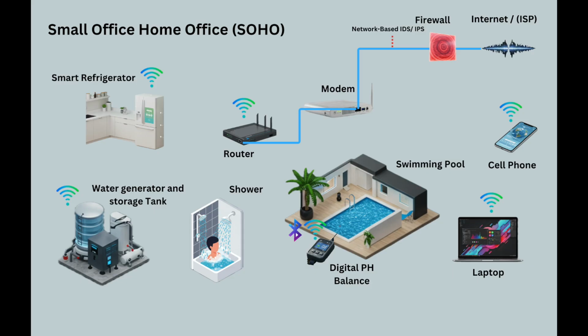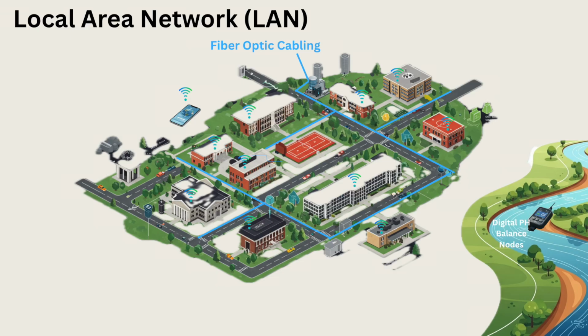Next in scale would be the local area network, and this is just a group of computers connected by cabling to one or more network switches. I haven't talked about switches just yet, but I believe I get into that in the next slide. But basically, this network is connected, and the signals get moved around the network.